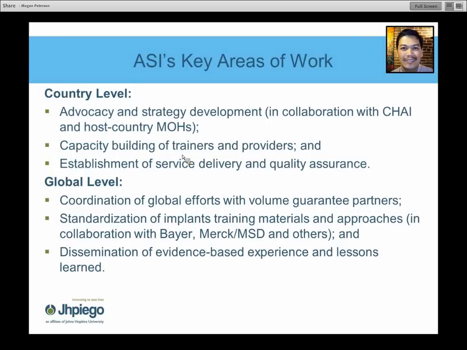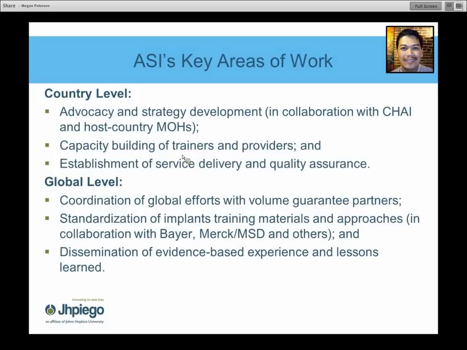One of the opportunities that came about from this funding is the standardization of implant training materials and approaches. In the past, we have had materials coming from Bayer, from Merck, as well as other sources, including Jhpiego's implant materials, that were available in different forms as well as different media.